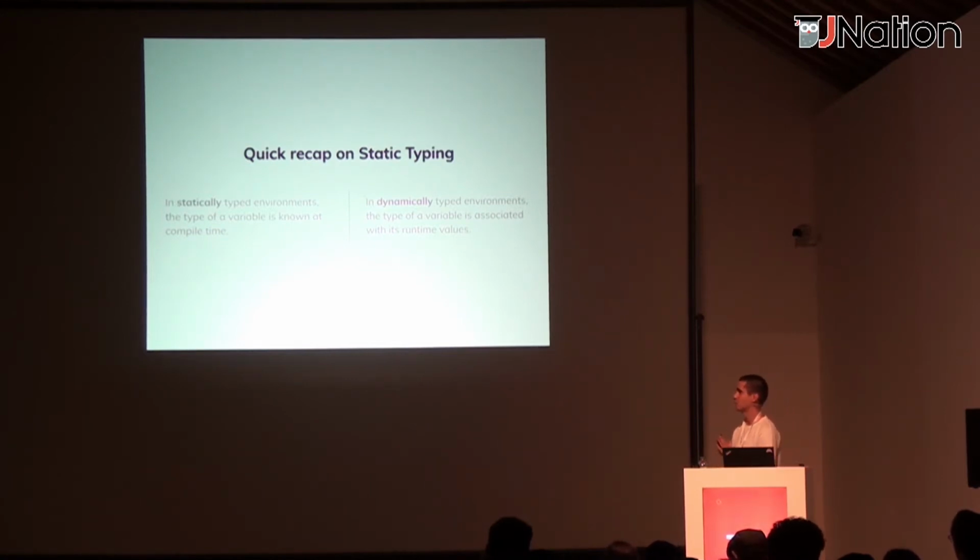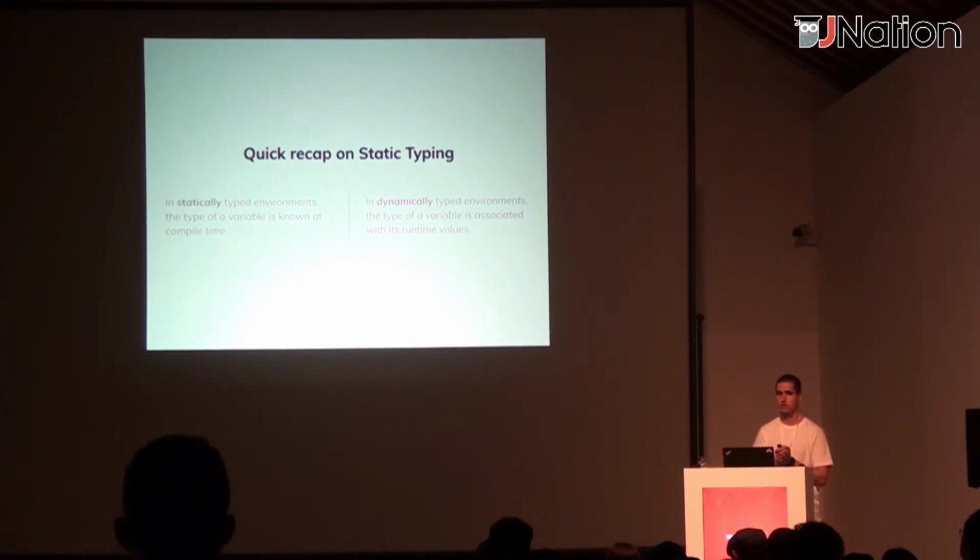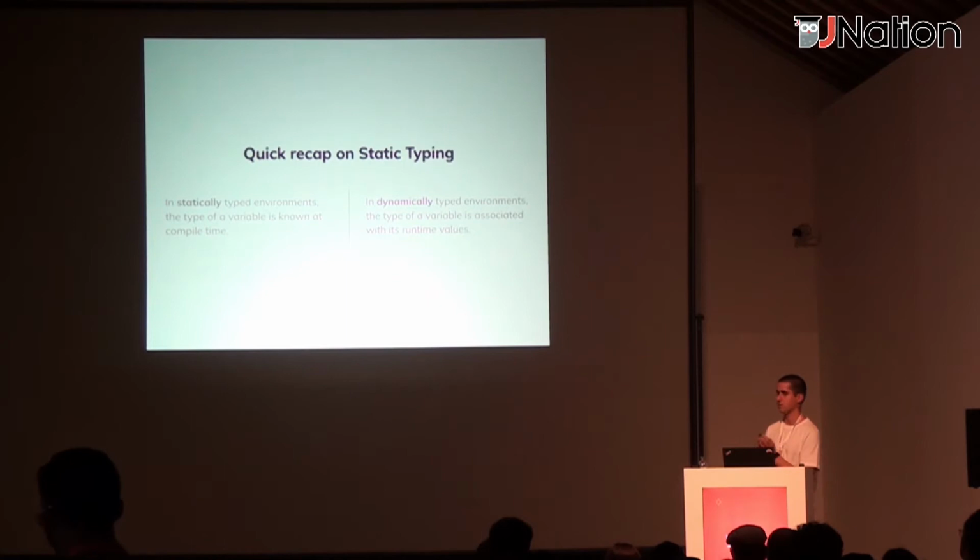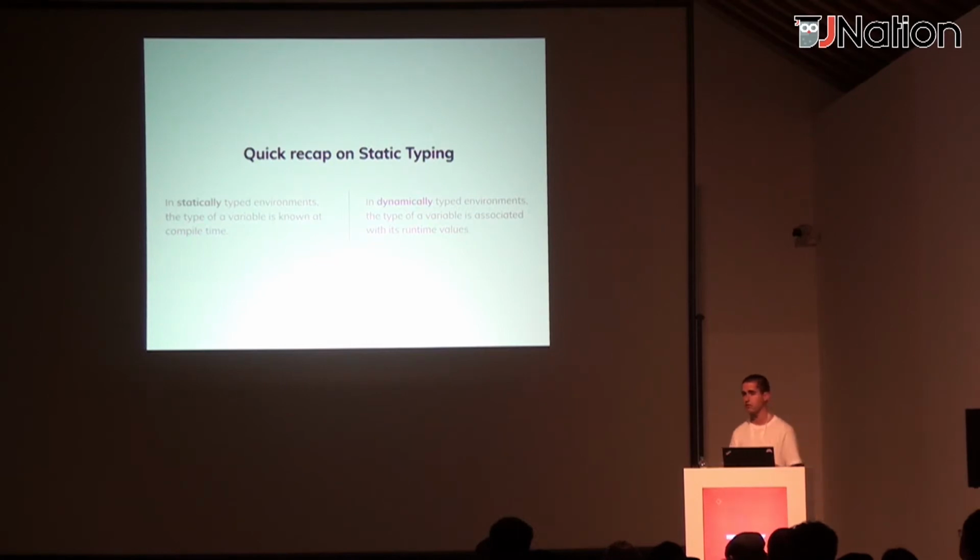The main difference between statically typed environments and dynamically typed environments is that in statically typed languages or statically typed systems, the type of a variable is known at compile time. So the type of an expression or a variable is a static time concept and not a runtime concept, which is the case of Python and JavaScript. Whereas on the other hand, statically typed systems, we have Java, C++, and other languages.